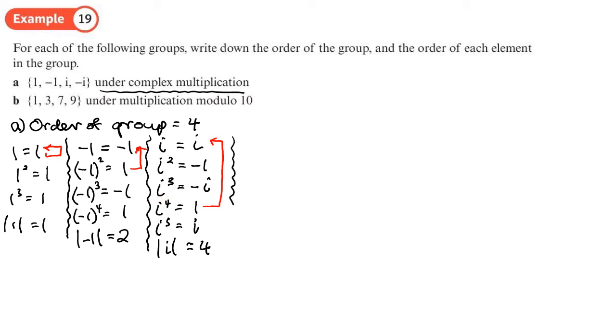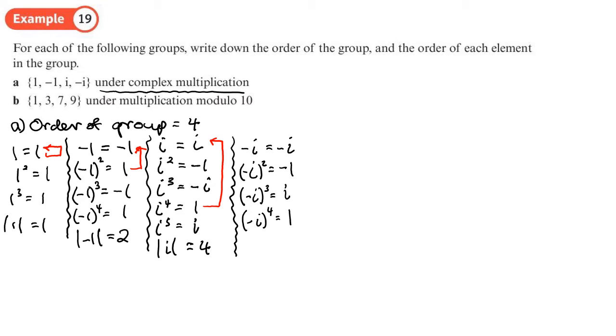Then the last one is -I. So we start with -I. So we're basically looking out for when we get to that identity element. It'll be -1, then -I cubed. So if we times the -1 by I, that'll be I, and then -I to the power 4 is going to be 1.